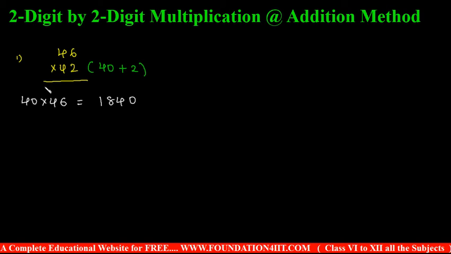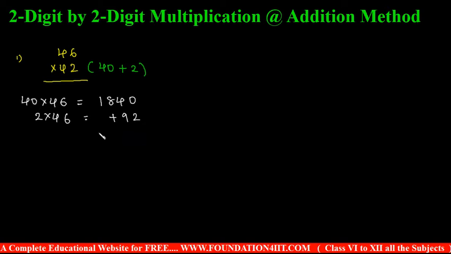This calculation should be internal only. You should not use a calculator or pen and paper anywhere. Next, with the 2, we multiply the same way, because 42 we have separated as 40 plus 2. With the 40 into this 46 is 1840. Again with 2 into the same 46, the single digit, that is 92.